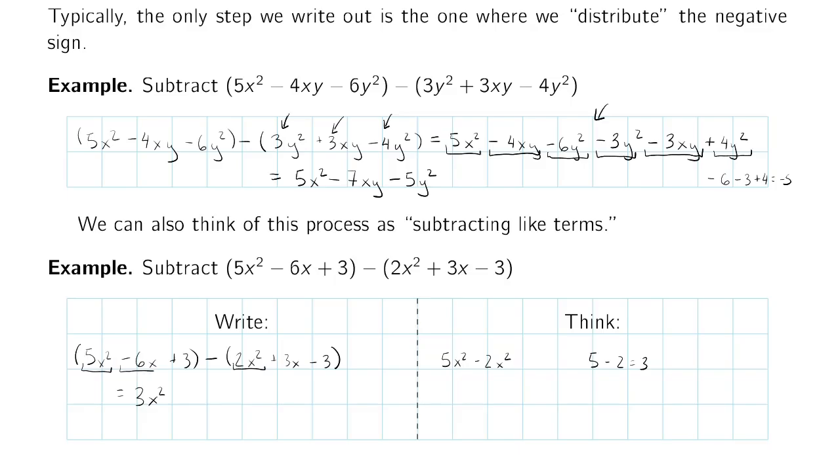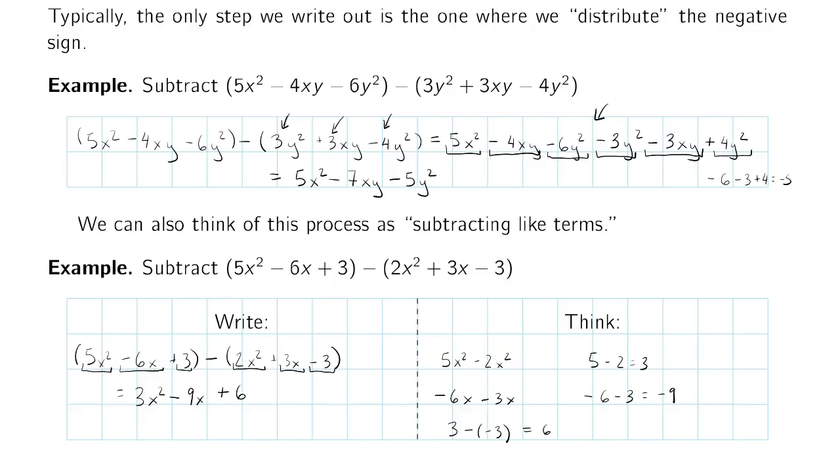Next, I'm going to think negative 6x minus 3x. Negative 6 minus 3 is negative 9, so I'll have negative 9x. And then I'm thinking 3 minus negative 3 is 6, so I have plus 6.